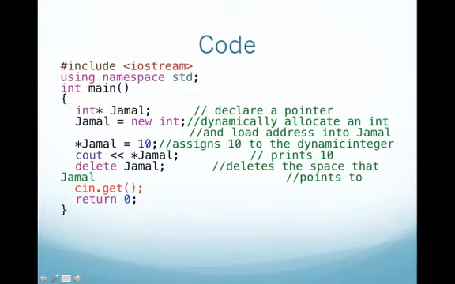The way that we do this is by assigning 10 to the pointer that's pointing to the address of the dynamic integer. Now here we print this 10, or what's stored in the address that Jamal is pointing to, which is 10. After this, we have to delete what we are no longer using, so here we delete the space that the pointer Jamal is pointing to.